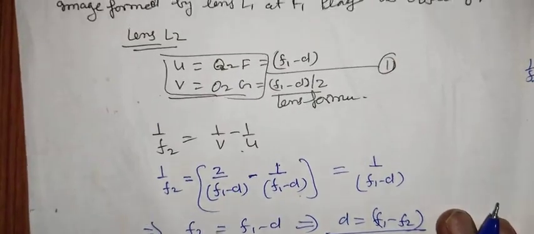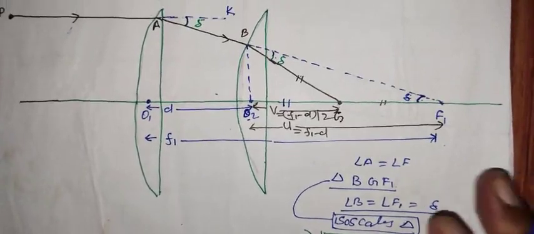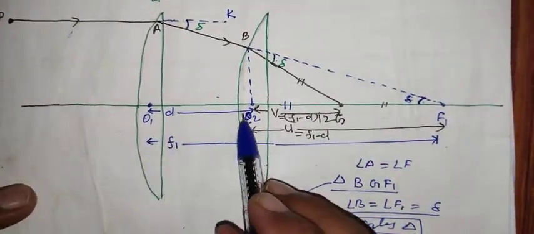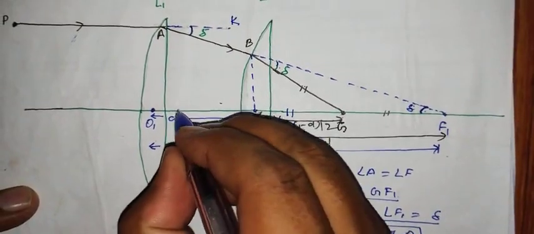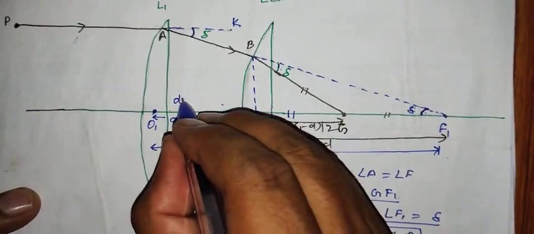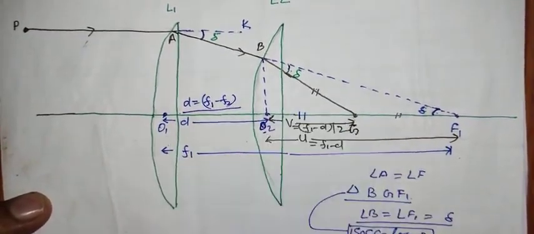See here, if the both lenses are separated in such a way that D, that is the distance between two lenses, is equal to the difference of their focal lengths, set in this way.